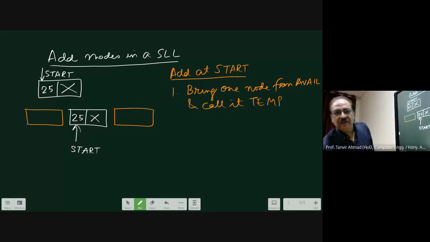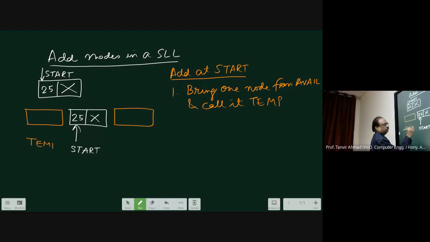What I will be doing is bringing one node from avail, and let us call it temp. That means this node is called temp. And what does temp hold? Obviously, it holds the starting address of that block of memory.